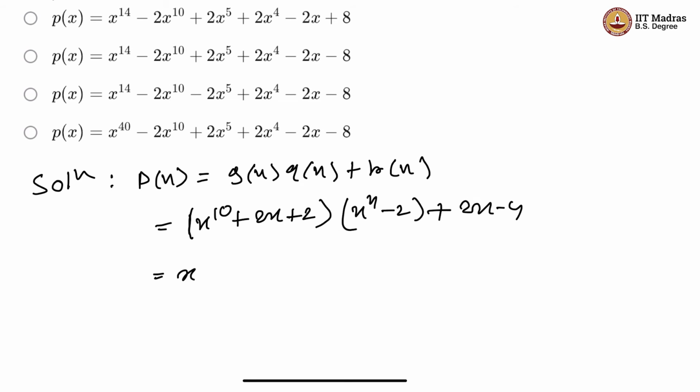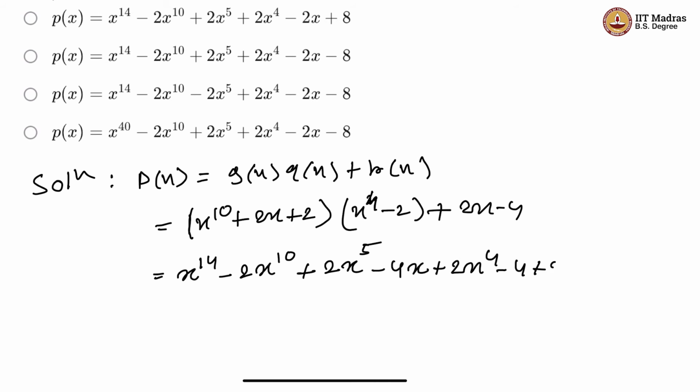So it will be x^14 minus 2x^10 plus 2x^5 minus 4x plus 2x^4 minus 4 plus 2x minus 4.